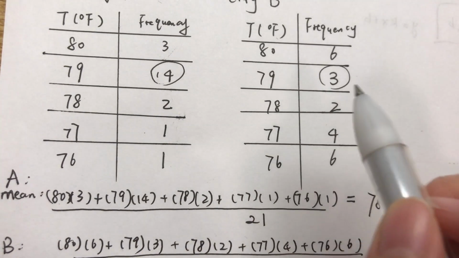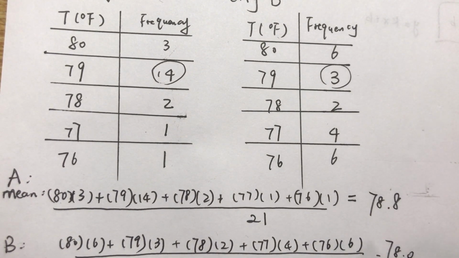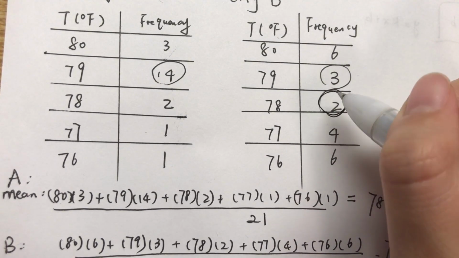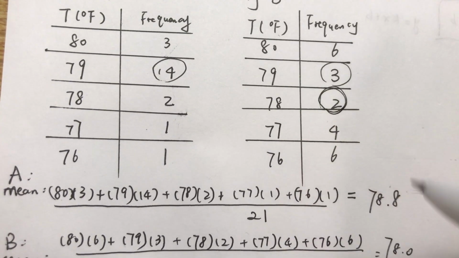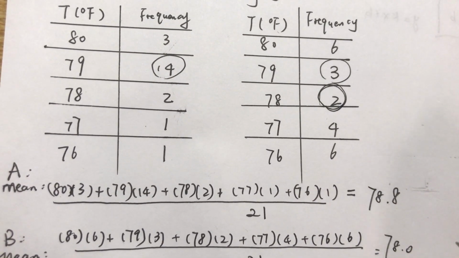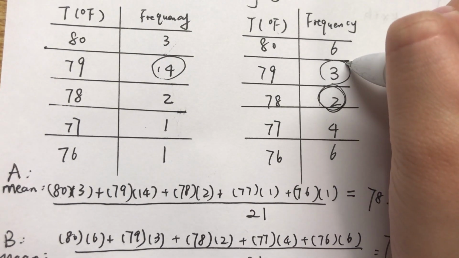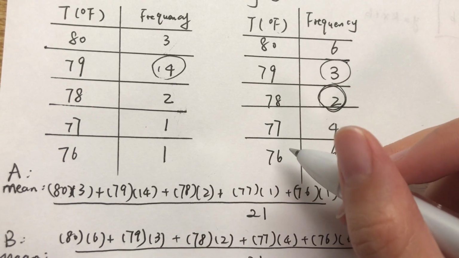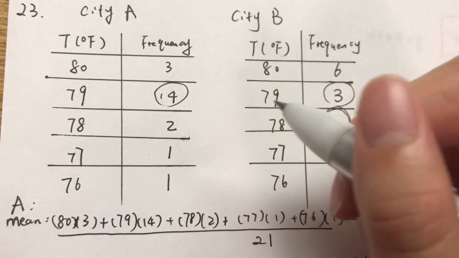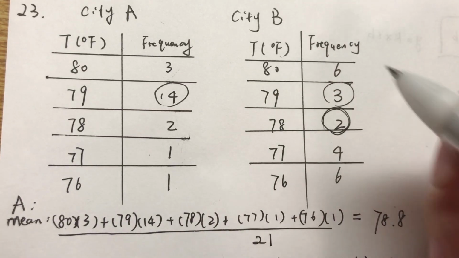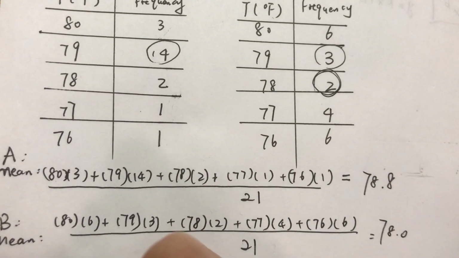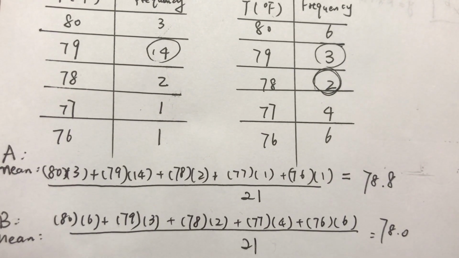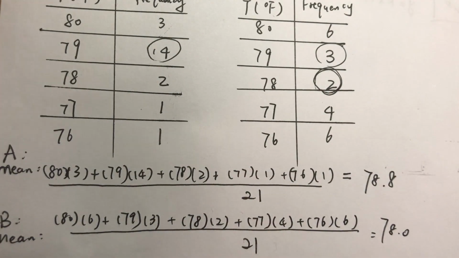But for city B, the mean is 78, and only about 2 values are near the mean, while 6 values are at 80 and 6 values are at 76. So city B's standard deviation is larger than city A's. So answer B should be correct: the standard deviation of temperature in city B is larger.